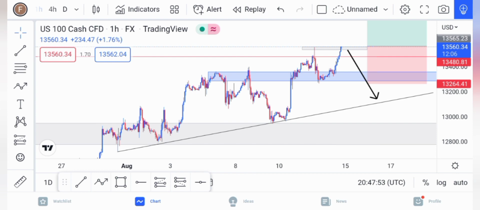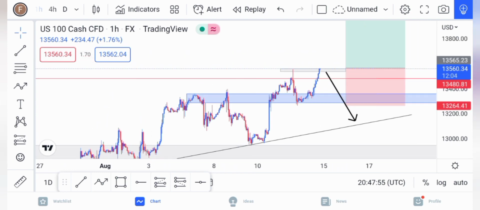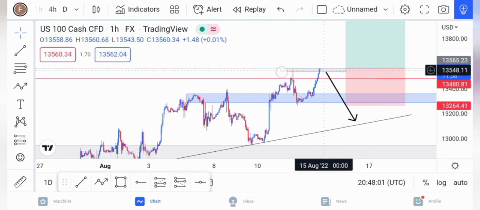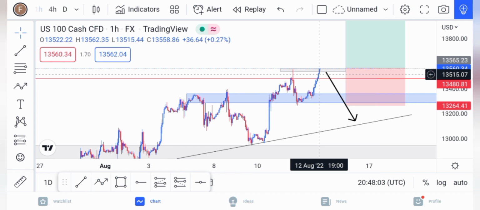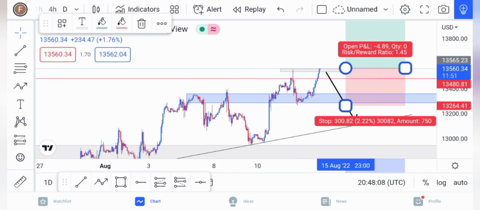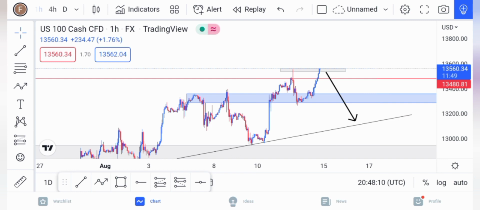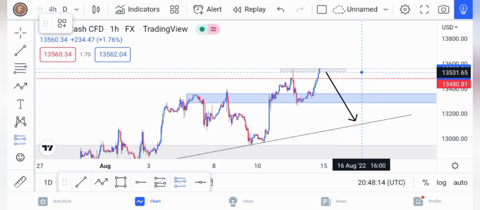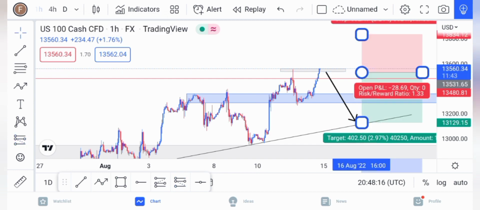Please wait for the market to push to the upper side a little bit, so that we can really confirm that this is not a double top formation. Because if it is a double top formation, this means you're going for the sellers. This means our direction will be like this.